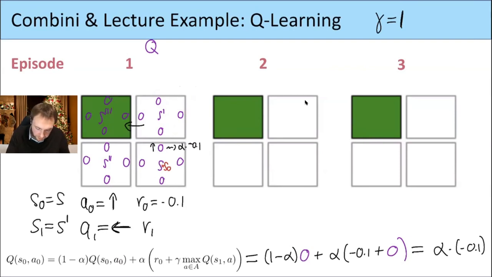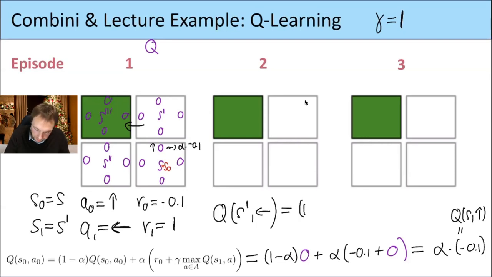And then the reward R1 in this case is 1. So the new value here, let's say for S prime, this is a new value of Q(S prime, left).